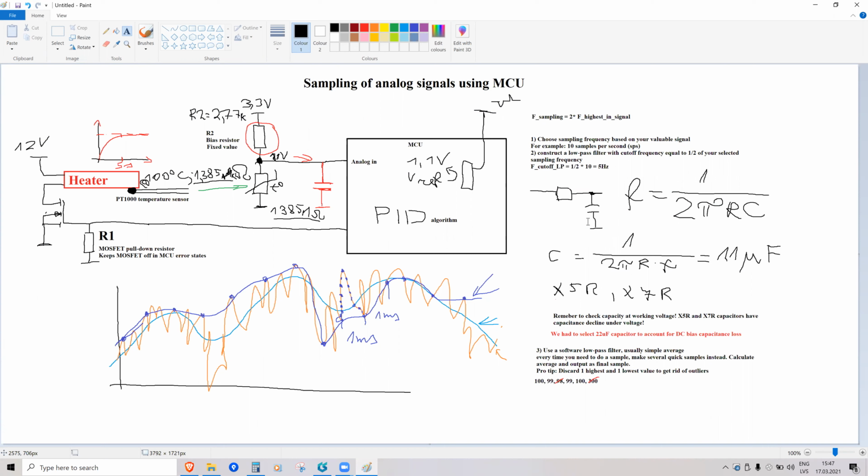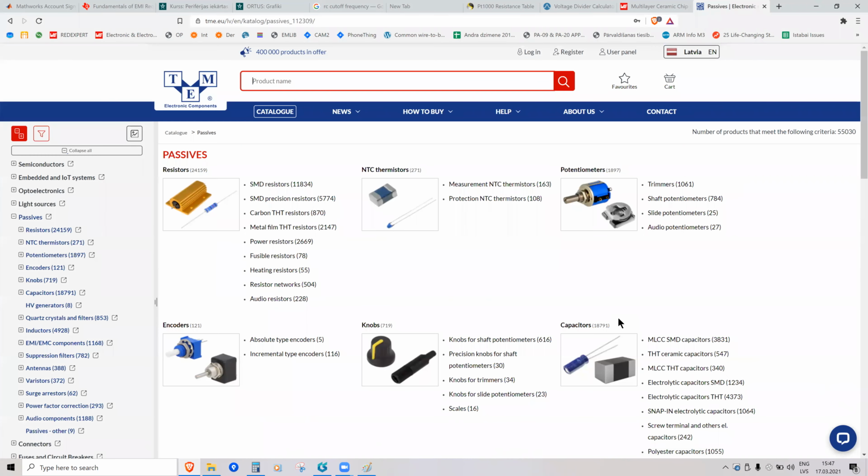Why don't we use electrolytic capacitors? Electrolytic capacitors don't have this DC bias negative effect, but they are bigger and they can dry up after 10 years and then the circuit will not work. And also they take more space on the PCB. So usually people just try to use ceramic capacitors as much as possible. And if it's not possible, then they use these old school electrolytic ones.